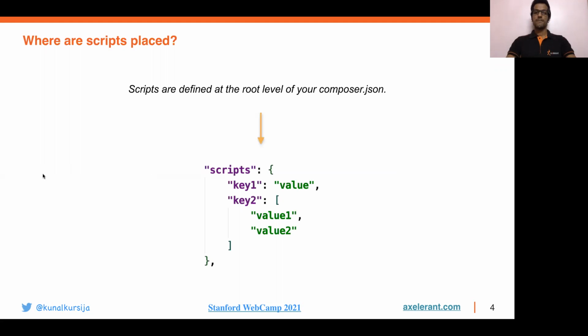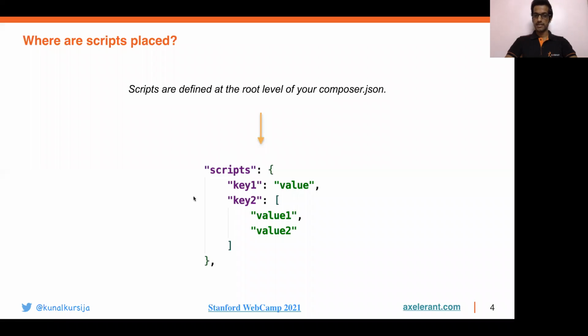Now, where do we place these scripts in composer? In composer.json, composer provides a section called scripts. You can see on the screen a simple demo code of how the scripts section looks in composer.json, and it is present at the root level.